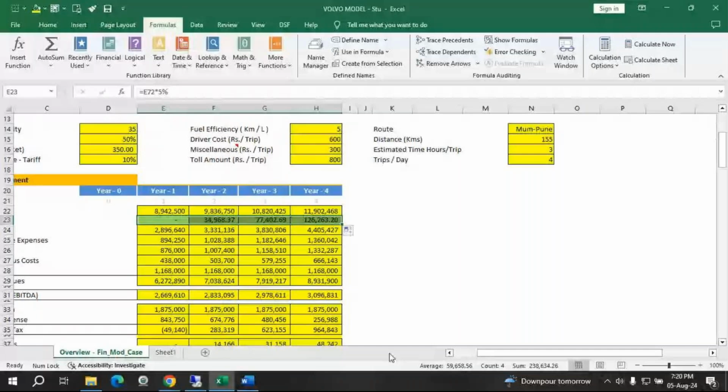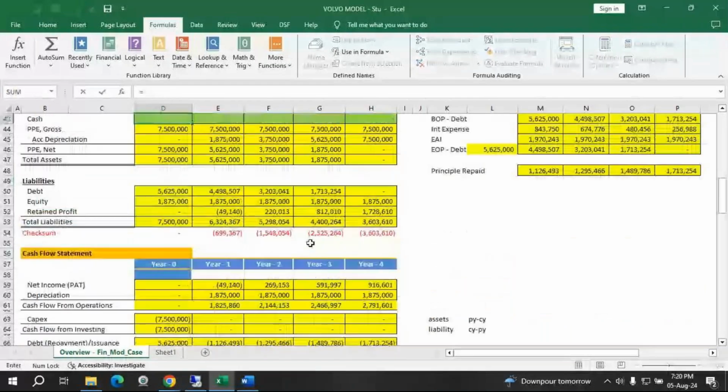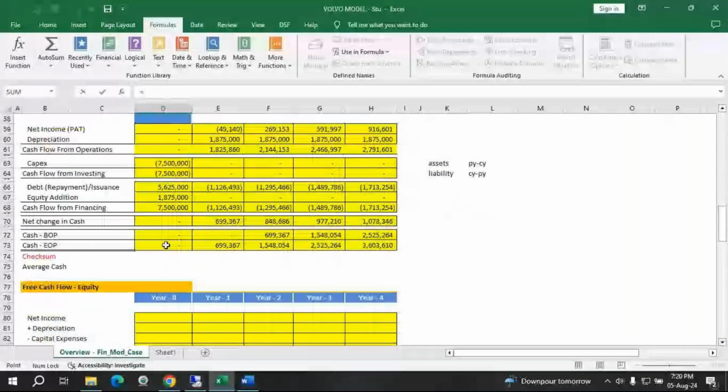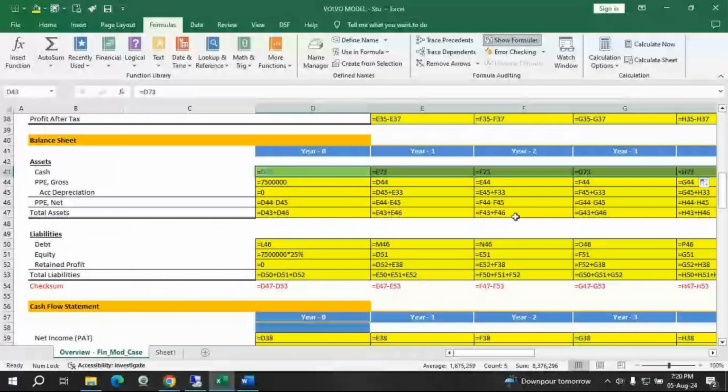Balance sheet, cash amount I have to take equals, so end of the period. So here I have to take cash end of the period and I have to drag it. So here it will be these funds in the balance sheet.